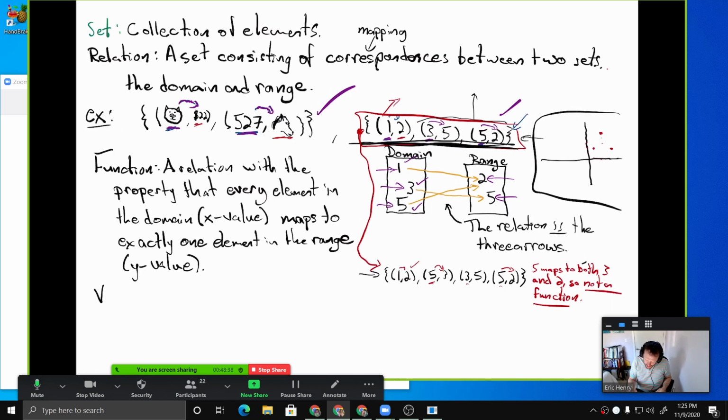Let's look at the graph of this new thing. So we've got 1, 2. Let's plot these points. 1, 2, 5, 3, 3, 5, and 5, 2.